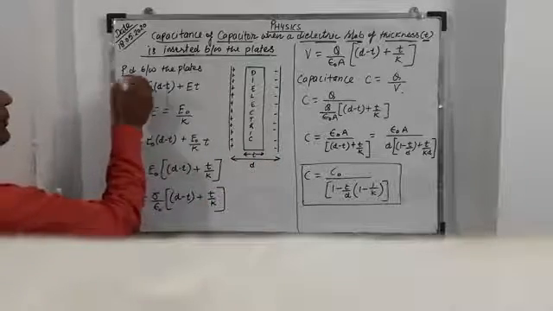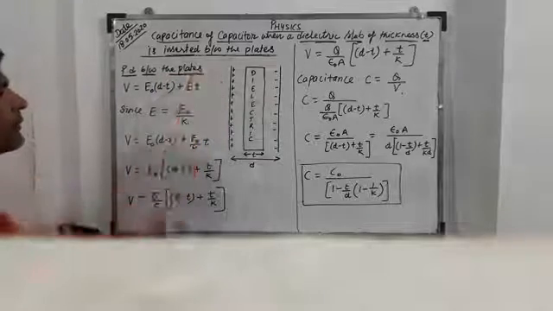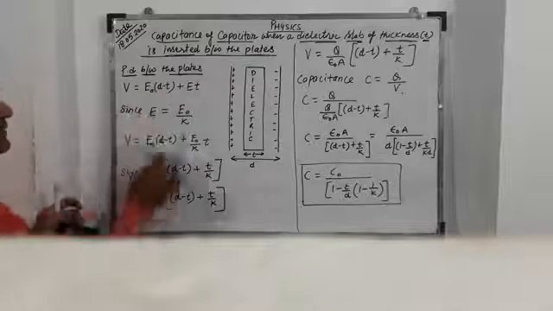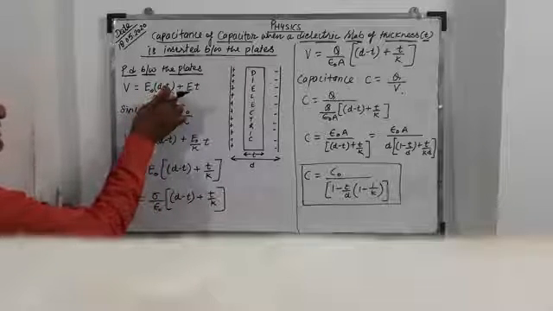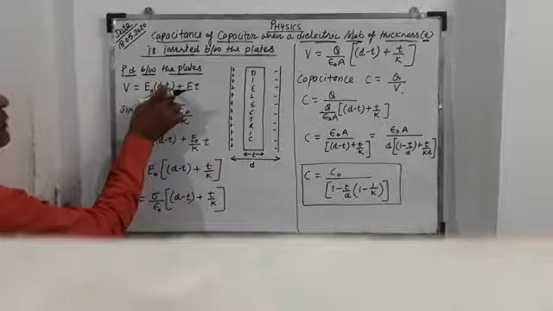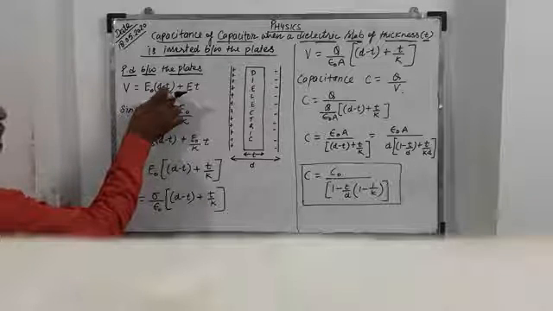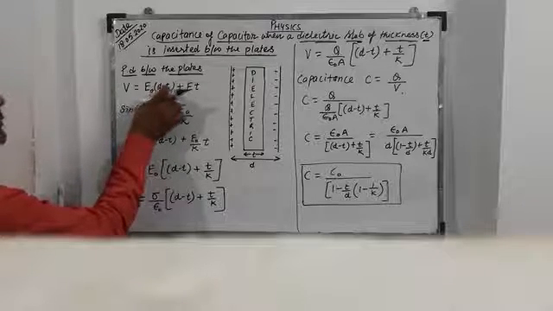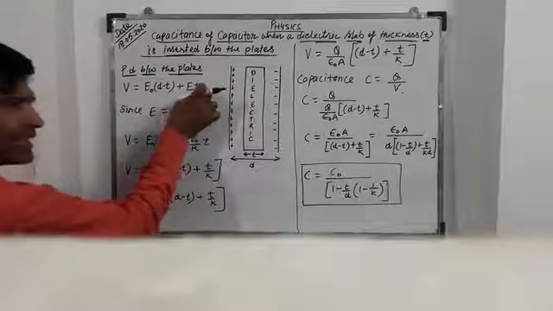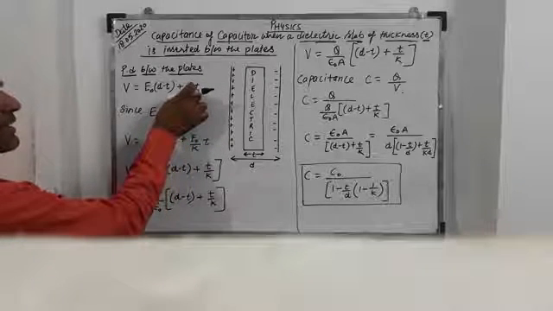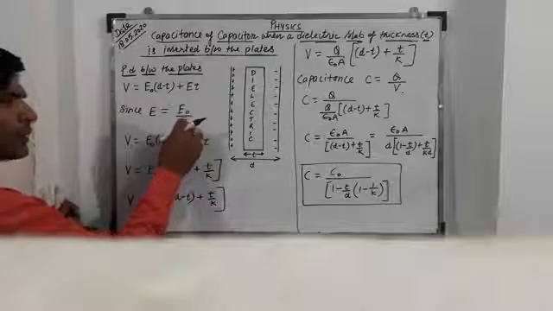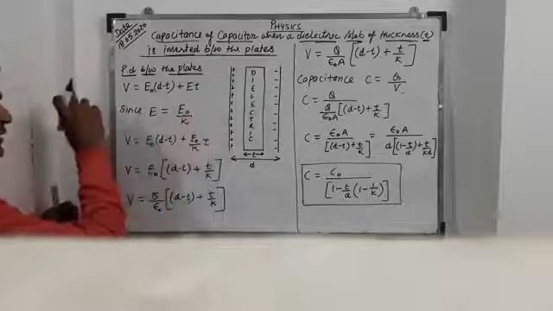In this case, the potential difference between the plates, that is V, is equal to E naught into d minus t, because in the d minus t portion there is air or vacuum, so the electric field is E naught, but in the thickness t the electric field is E. Then E is equal to E naught upon k. This we discussed in the earlier section.